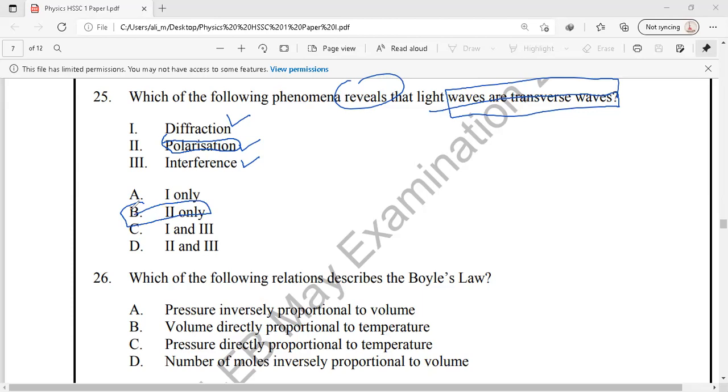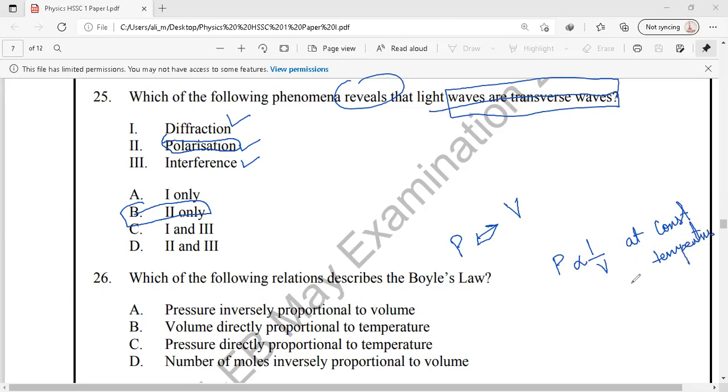Then we have question number 26. Which of the following relations describes Boyle's law? We know that Boyle's law relates pressure and volume, and it states that the pressure is inversely proportional to the volume at constant temperature of a given mass of a gas.